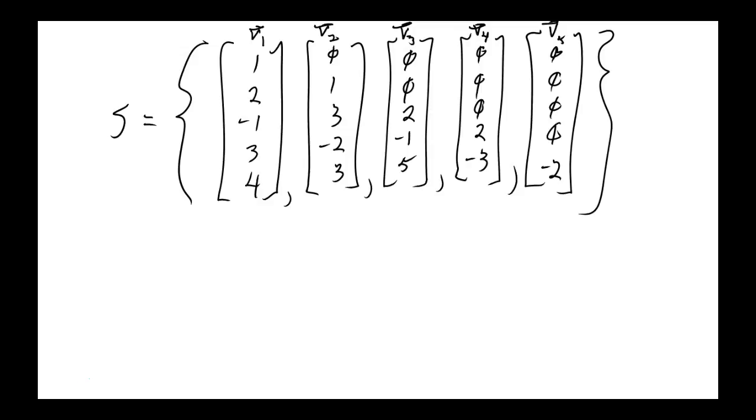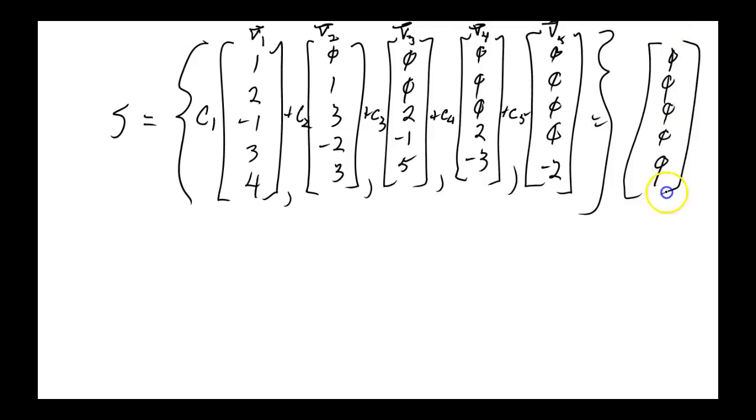Linear independence is the easier way to go here, because what you have to do is show that C1 times this plus C2 times this plus C3 times this plus C4 times this plus C5 times this equal to the 0 vector can only happen if all of those C's are 0.